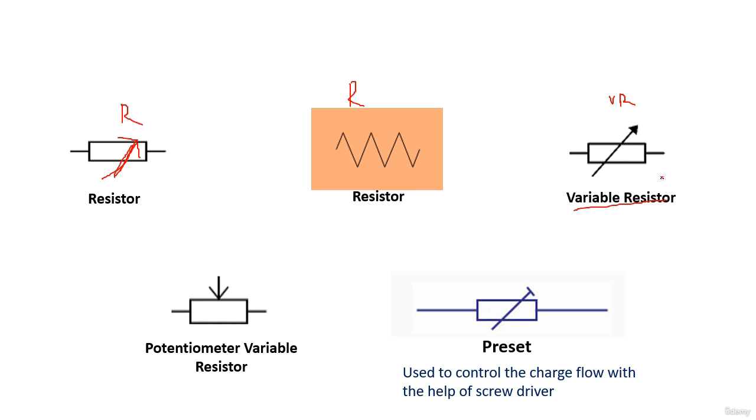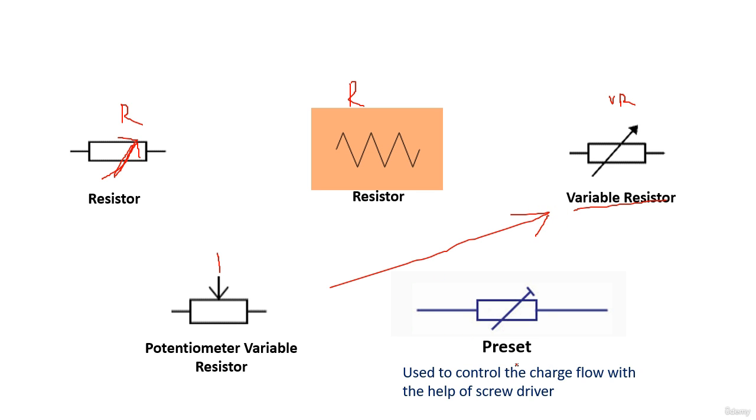in order to control the amount of current that flows. Here we have the potentiometer variable resistor. Using this arrow means this is a potentiometer variable resistor. It's slightly like this resistor.